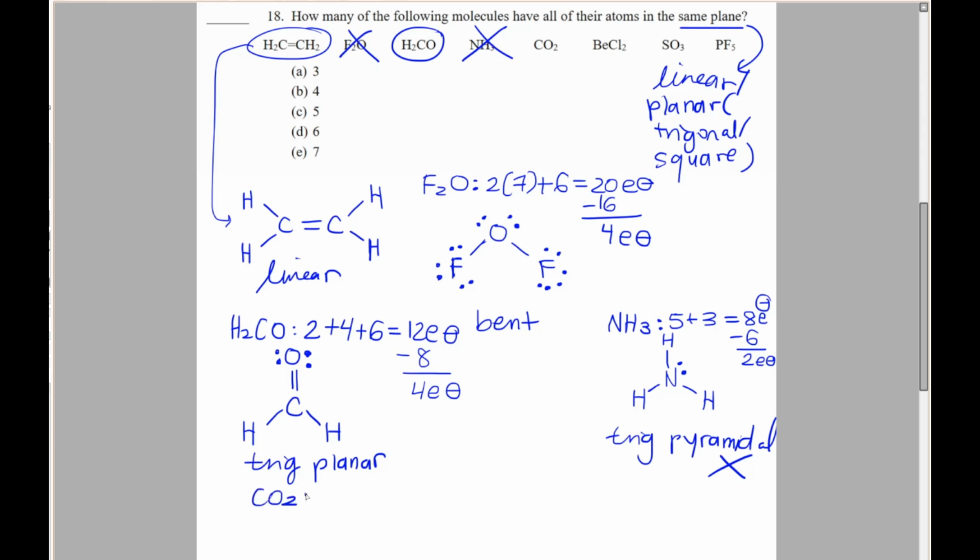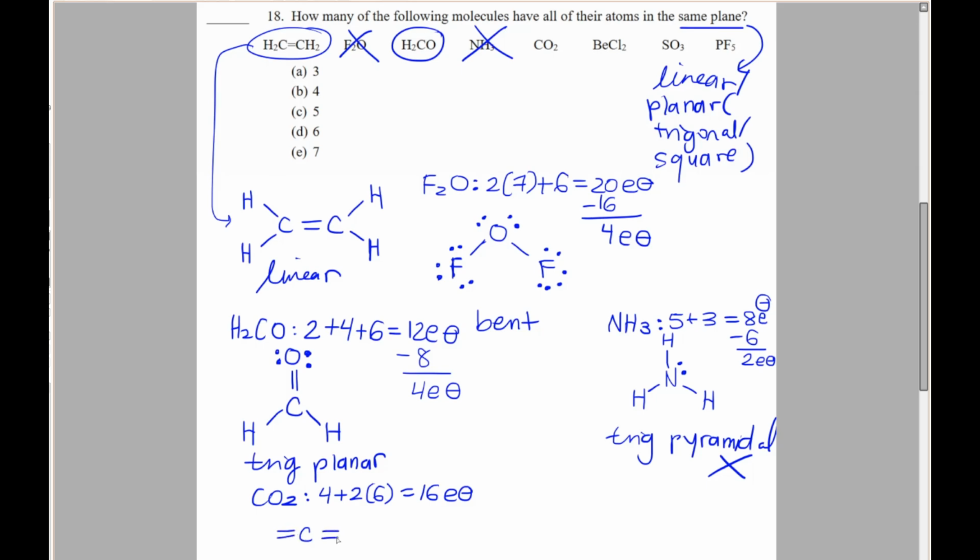CO2, we can repeat this process. Well, you should know what CO2 looks like, but basically carbon has 4 valence electrons, and each oxygen has 6. So that's going to be 4 plus 2 times 6, or 4 plus 12, which should be 16 electrons. Carbon is going to be our central atom because remember that oxygen is very electronegative, and it wants to form 4 bonds.